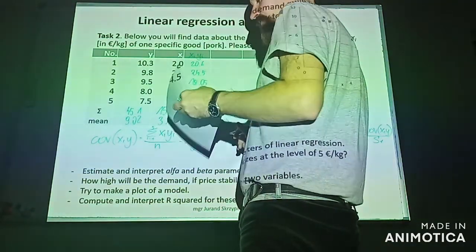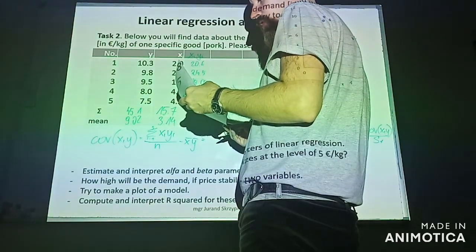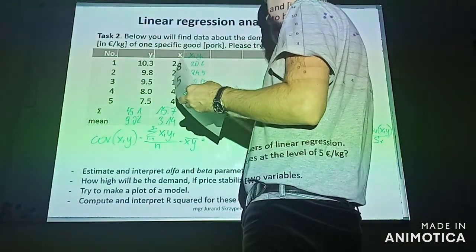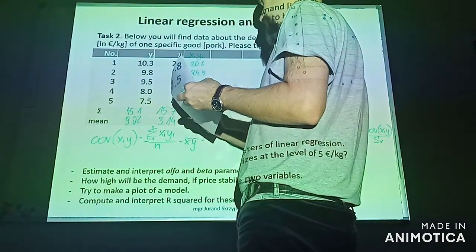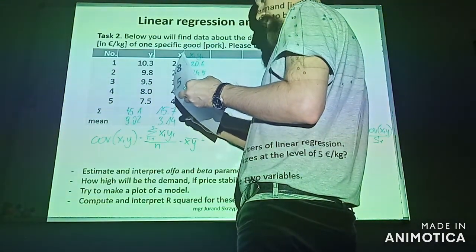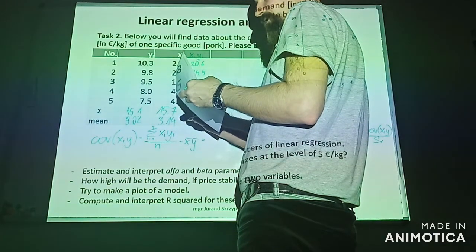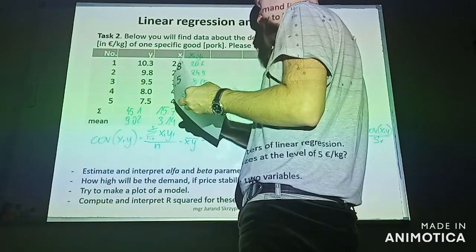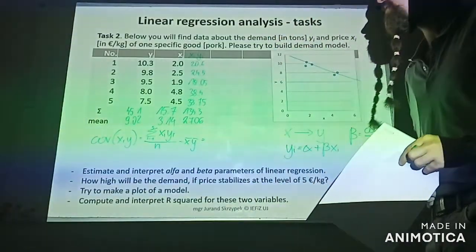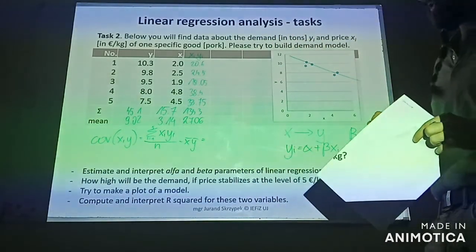The sum of the whole column is 135.3, and the average product of the demand and the price level is 27.06. So now we are able to compute the covariance.